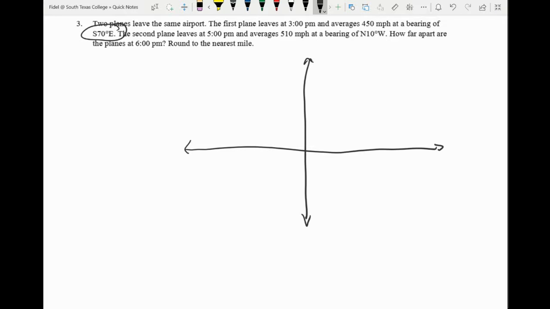Why? Because it's going in the southern direction, right? Okay, is it going down to the left or down to the right? How do we know? It says south 70 degrees east. So think of a compass: north, south, west, east. So we're going south, we're going down, and which way? To the right, aren't we?